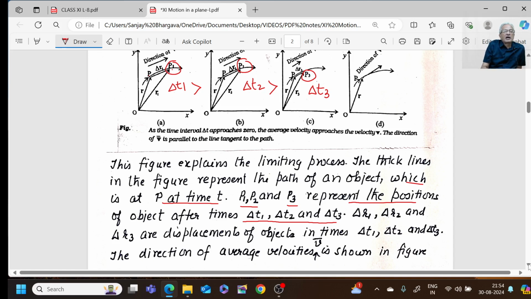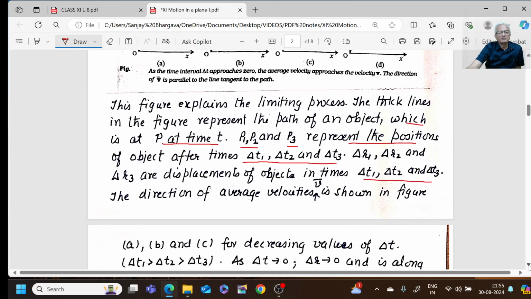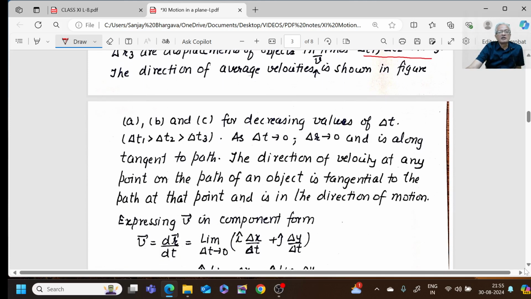Here it is delta R1, delta R2 and delta R3. So remember, delta R1, delta R2 and delta R3 are displacements of the object in the time delta t1, delta t2 and delta t3. The direction of the average velocity is shown in the figures A, B and C for decreasing values of delta t.